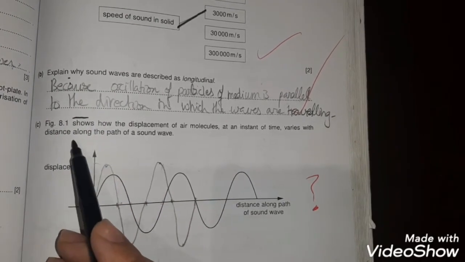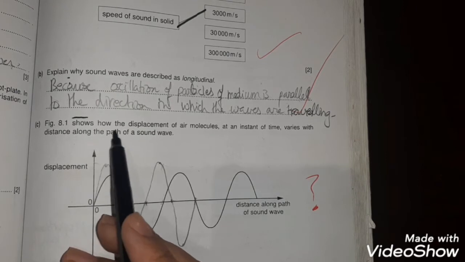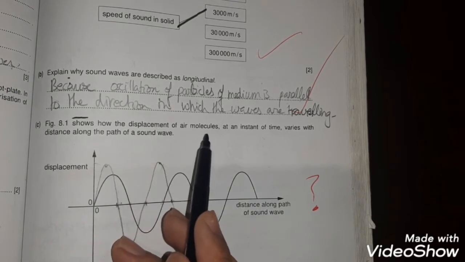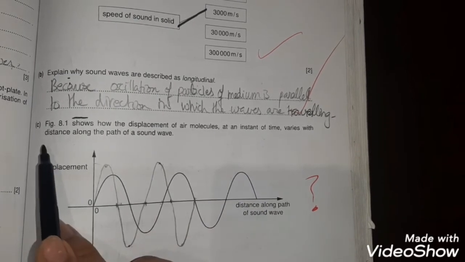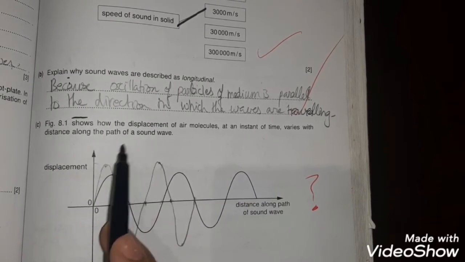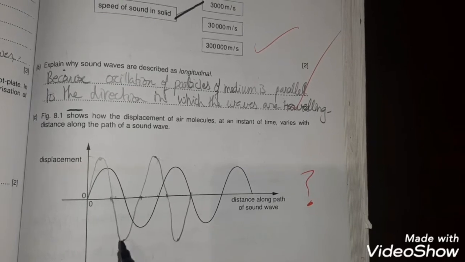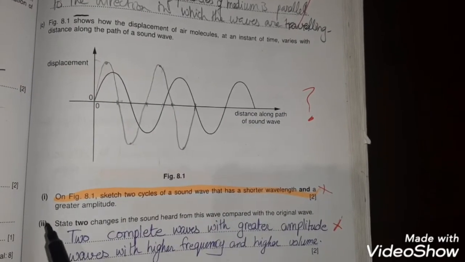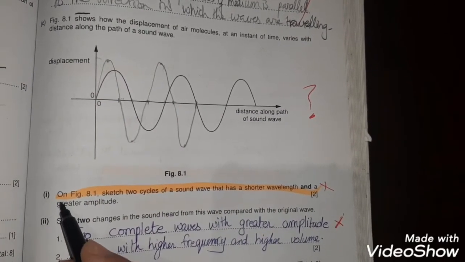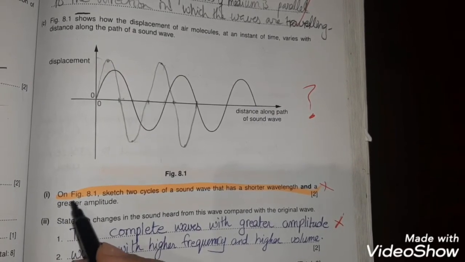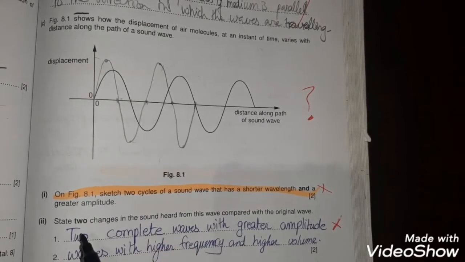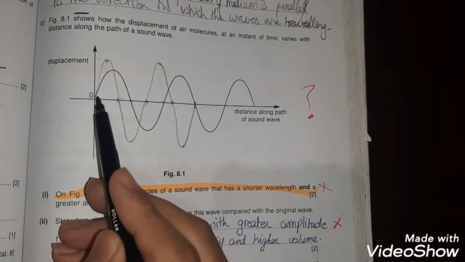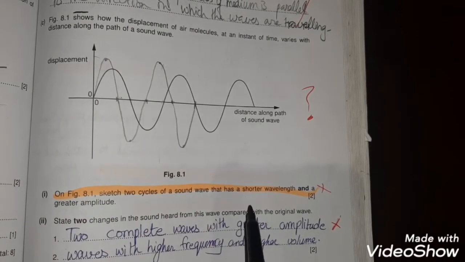Then question C states figure 8.1 shows how the displacement of the air molecules at an instant of time varies with distance along the path of a sound wave. So this is a displacement, and part 1 states on figure 8.1 sketch two cycles of the sound wave that has a shorter wavelength and a greater amplitude. So greater amplitude and a shorter wavelength.